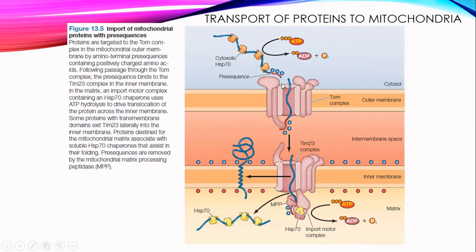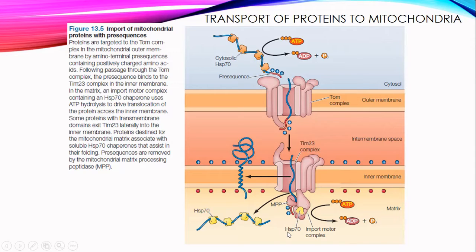Now, once it passes through sa TOM complex, it enters now to the TIM. So some proteins with transmembrane domain exit to the TIM23. So dito siya mag-exit sa TIM23 complex. Now, the proteins destined for the mitochondrial matrix associate with soluble HSP70.